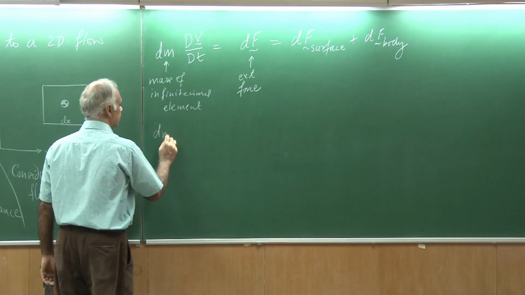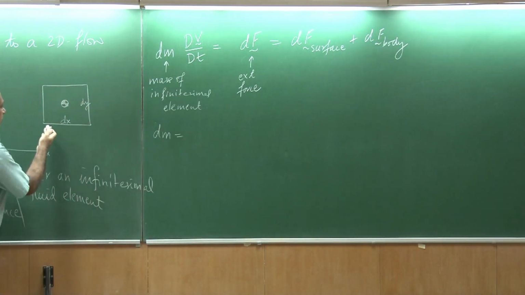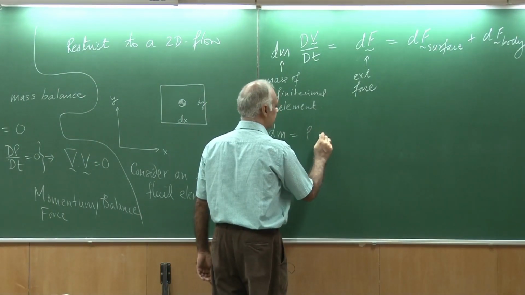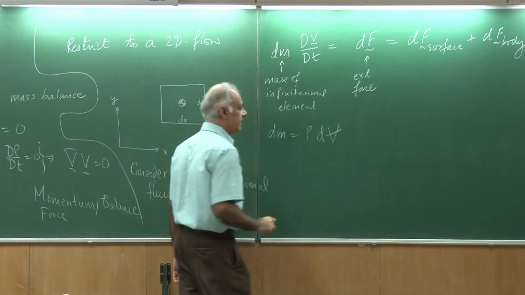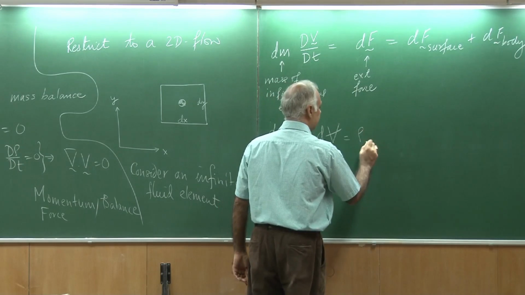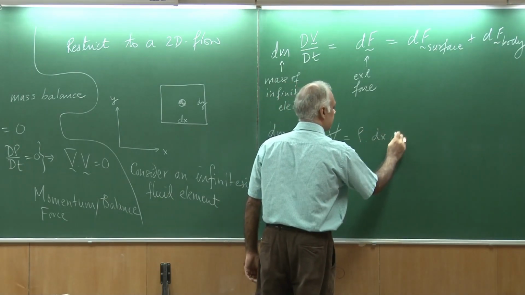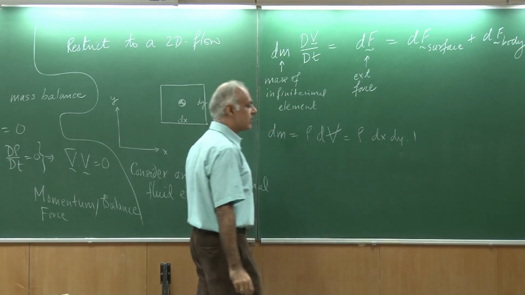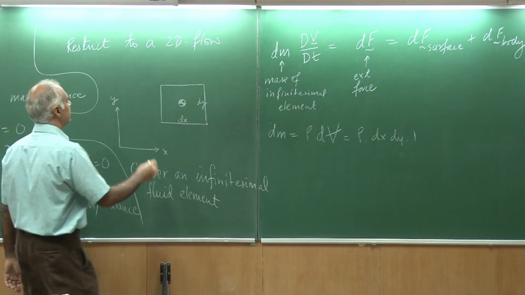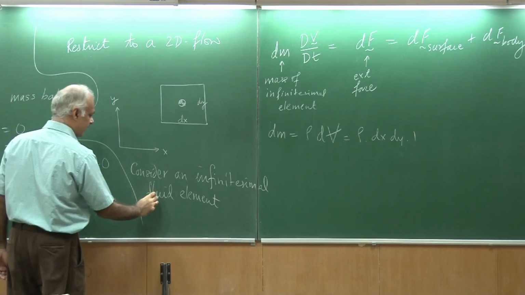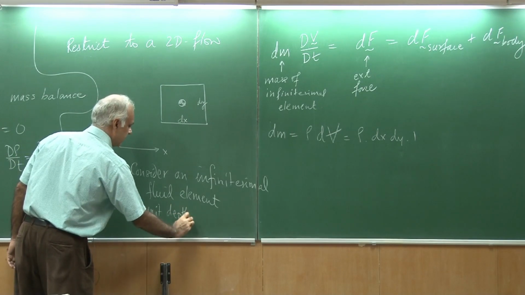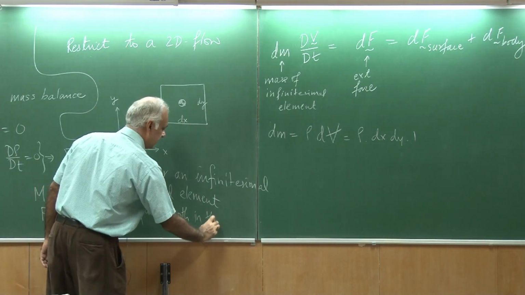Let me first tell you what dm is. I can work out dm from the geometry here. This is the volume, so this would be rho times the dV of this fluid element, and this is rho times dx dy, and I am going to consider that this element has a unit depth in the z direction.